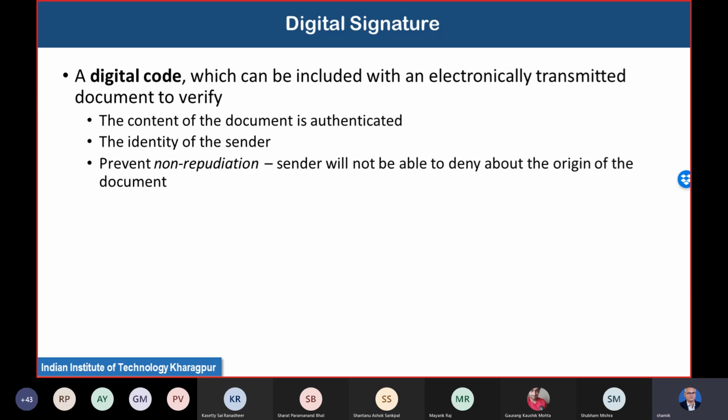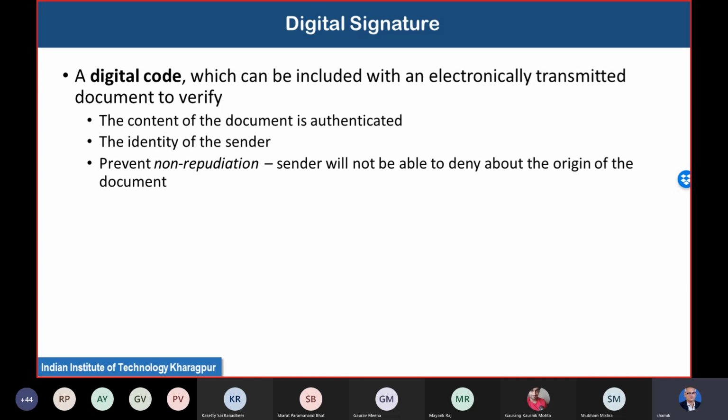Say there is a document which says hello world, and I am sending that document to someone, say X. How would X know that the document is authenticated, that I indeed had sent hello world, and X also got hello world?